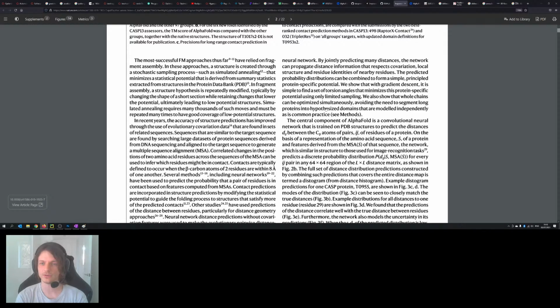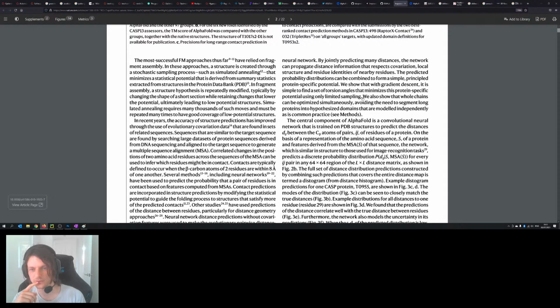We show that with gradient descent, it is simple to find a set of torsion angles that minimizes this protein-specific potential using only limited sampling. We also show that whole chains can be optimized simultaneously, avoiding the need to segment long proteins into hypothesized domains that are modeled independently, as is common practice.